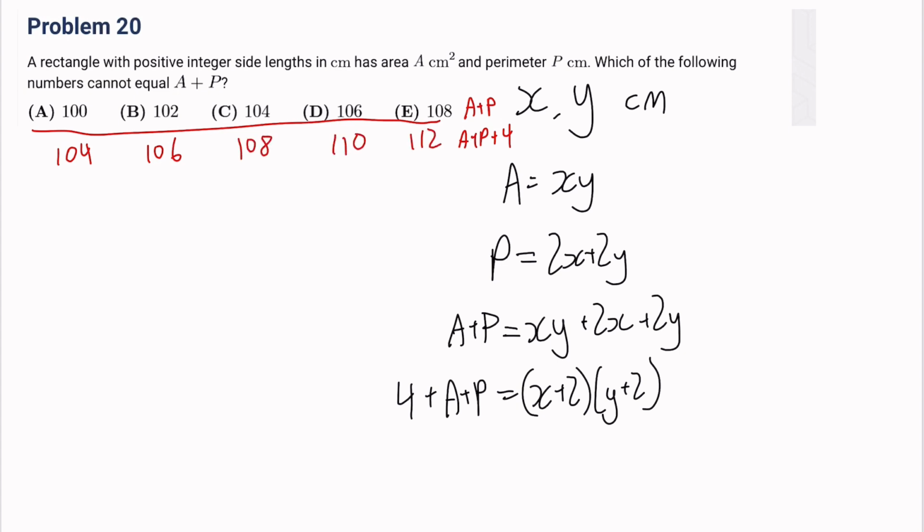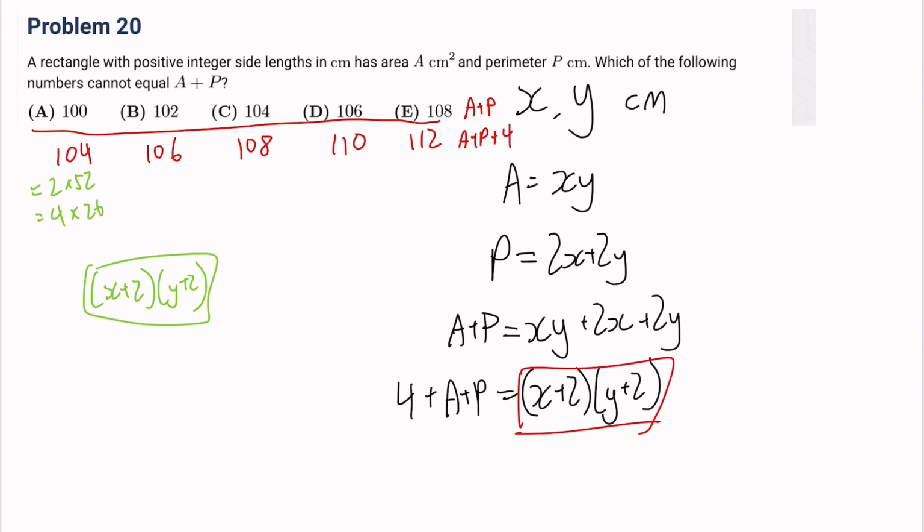And so we have to find a value for which x or y is impossible. So let's see if 104 can be x plus 2 times y plus 2, when x and y are positive integers. 104 is 2 times 52, so it's 4 times 26, and so obviously it's possible, right? And so 104 is not the answer.